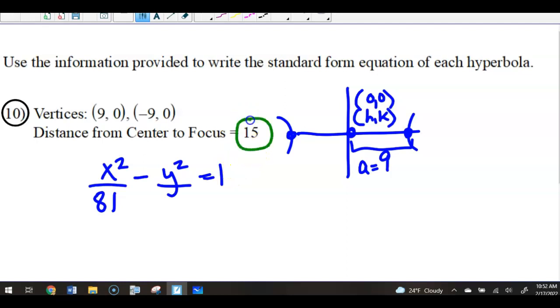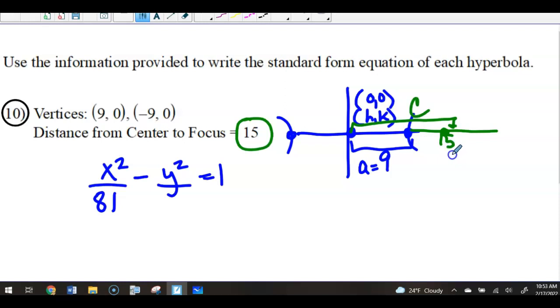The distance to the focus is 15. You might have to look back in your notes. But if the focus is out here at 15, I hope you remember the concept is that that distance is c. Okay?